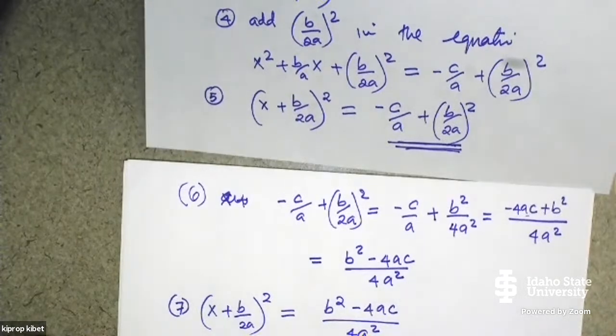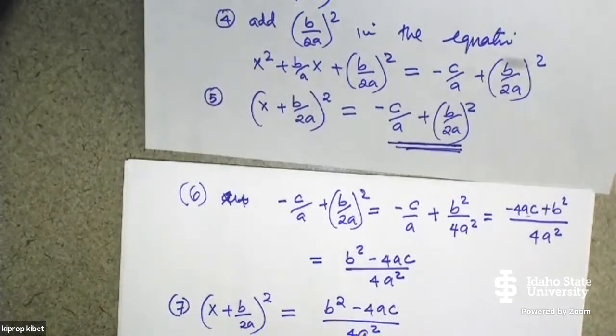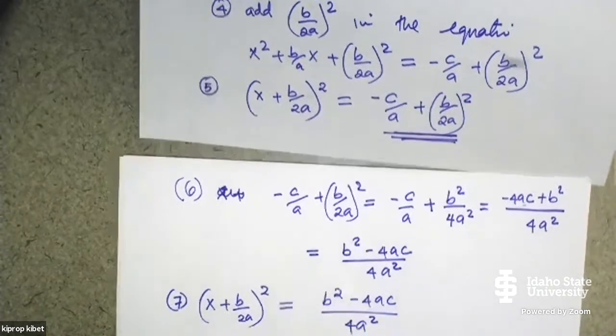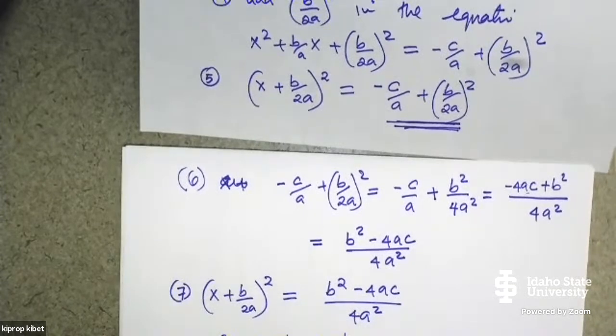So using the square root property, this becomes x plus b over 2a equals plus or minus the square root of b squared minus 4ac all over 4a squared.